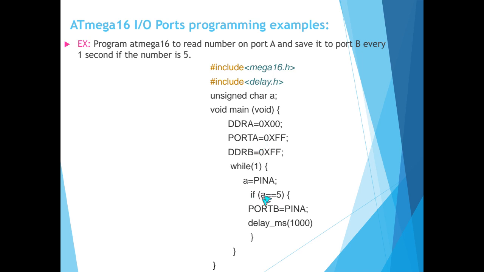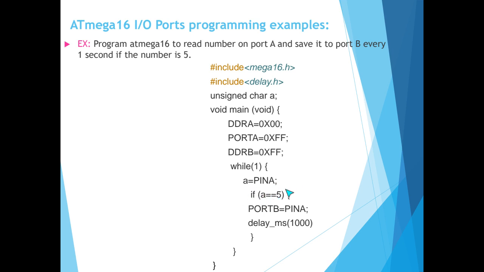If A, this operand is not an assignment operand, it is an arithmetic operator. If A is equal 5, because we want to compare the data of port A that's read with this number. If A is equal 5, then curly braces open. This is an if statement.